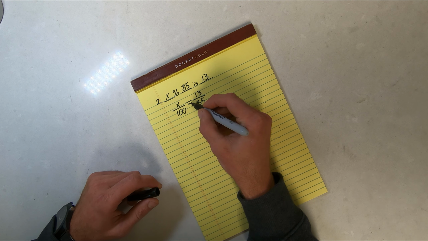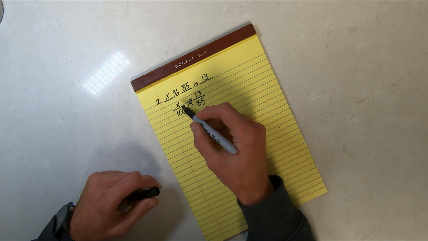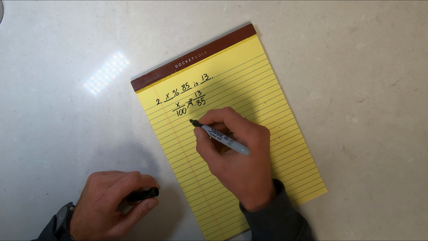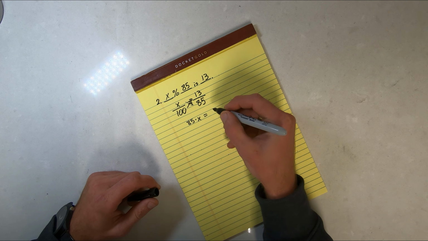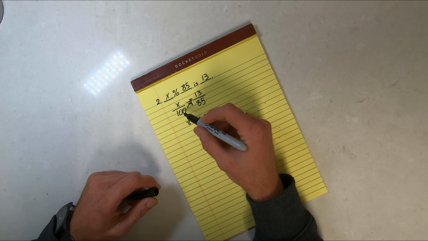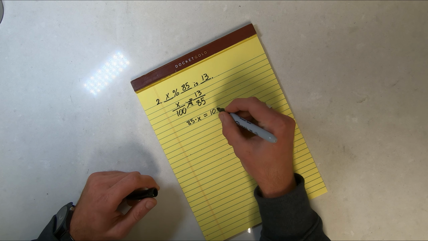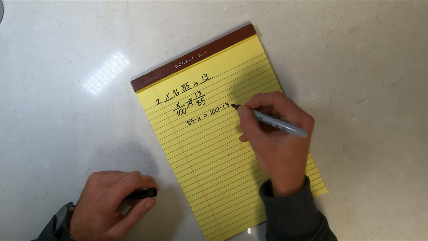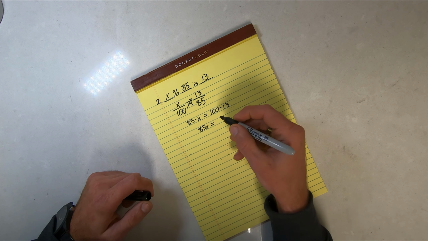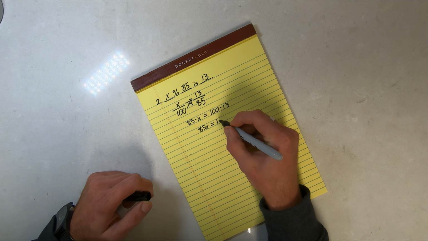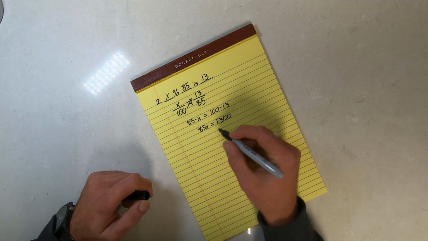So now we just cross multiply. x times 85 is equal to 100 times 13. 85 times x is just 85x. 100 times 13 is 1300.